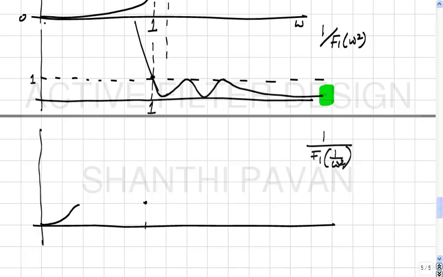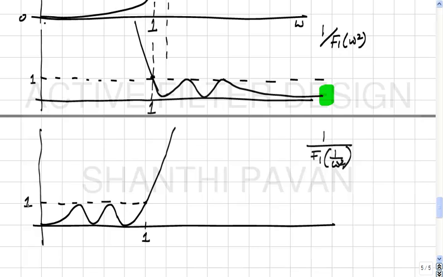This will look like, and what used to happen at 0 will look like what now happens at infinity. Is that clear? Okay. And what is this maxima here? 1. Okay. Now this looks very familiar.